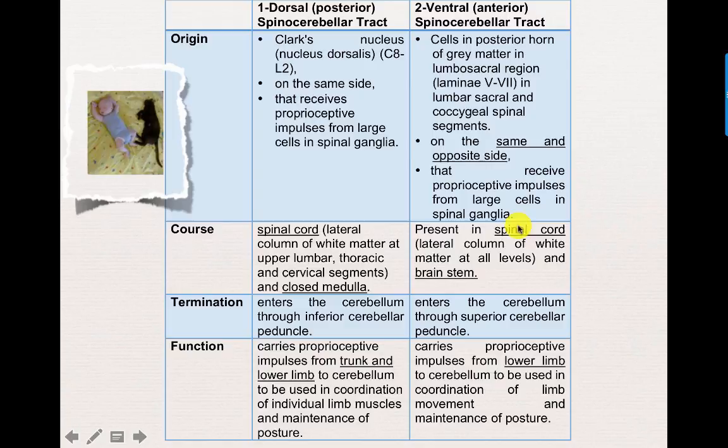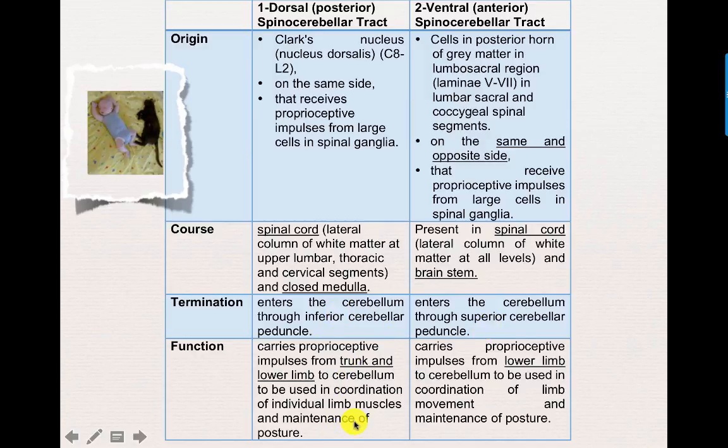And this one is present in all the levels of the spinal cord as well as all of the brainstem, as it enters through the superior cerebellar peduncle. So it is present in the whole brainstem and leaves the brainstem through the superior cerebellar peduncle connected to the midbrain. Both terminate in the cerebellum; this one enters through the inferior cerebellar peduncle, and this one enters through the superior cerebellar peduncle.